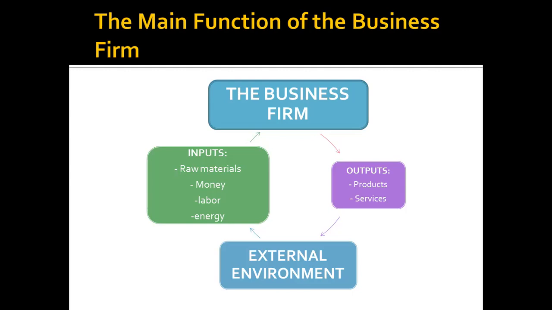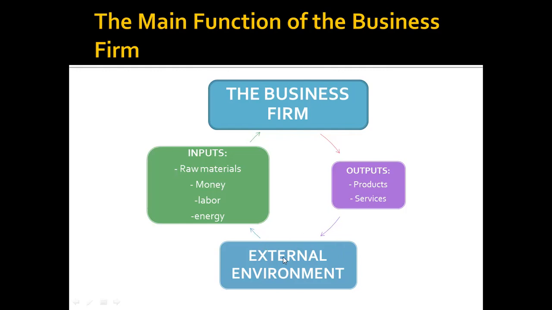All right. For example, a banana chips business. What is the output? It's the product, banana chips. And who are the recipients of the banana chips? The external environment, the consumers.